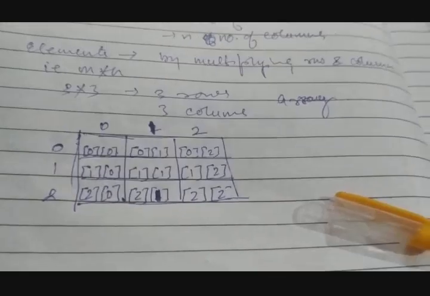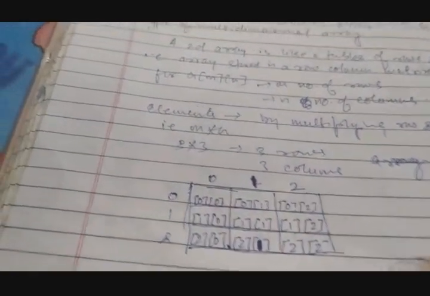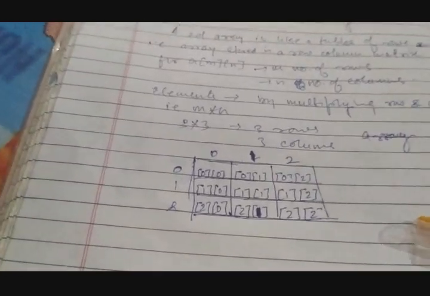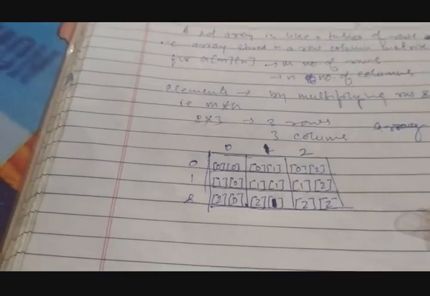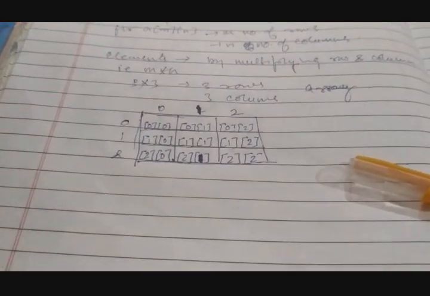This is what the mapping of a 2D array looks like. Now this is how it is represented.